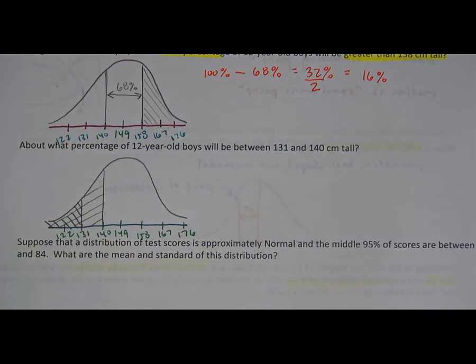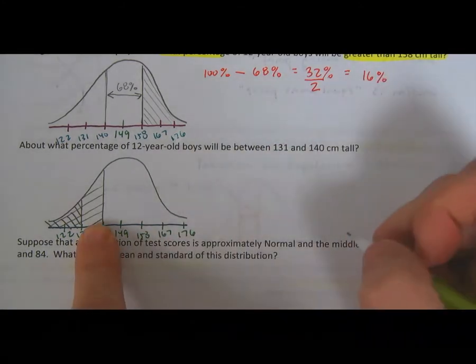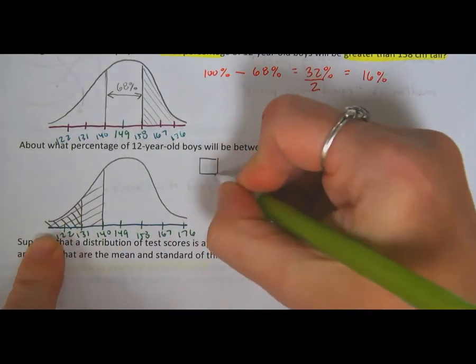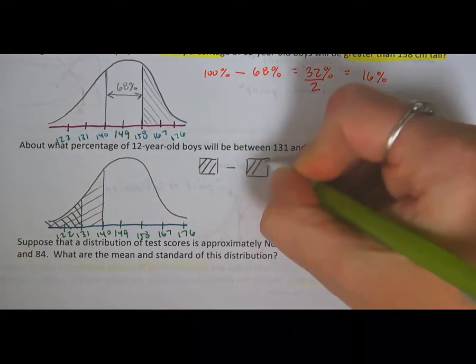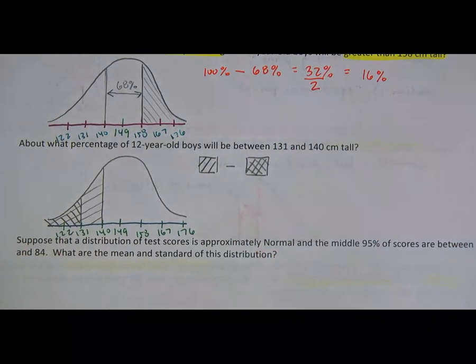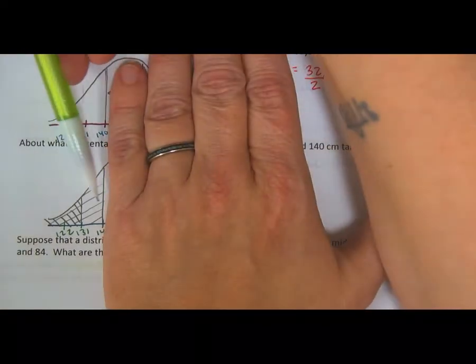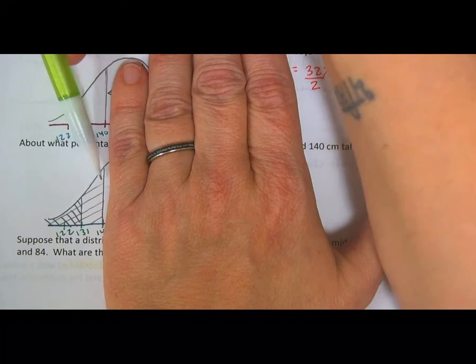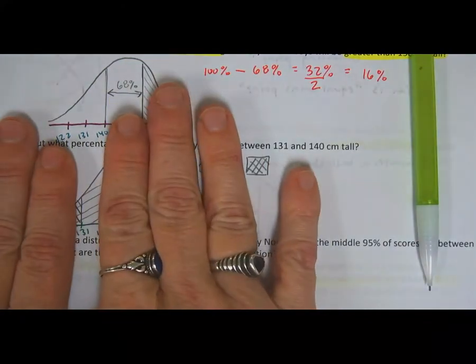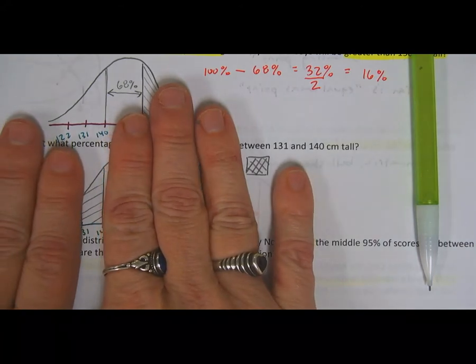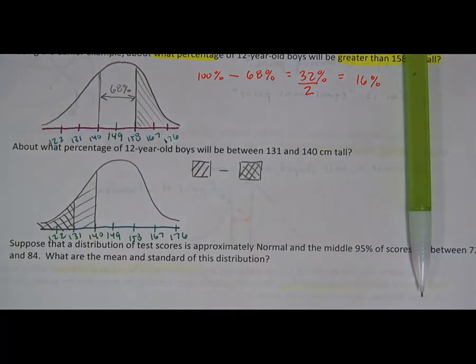If I can figure out the striped region, and subtract off the cross-hatched region, then I'll have my answer remaining. So if I take all the boys less than 140, and I subtract off all the boys less than 131, then I'll have a little slice of interest there.